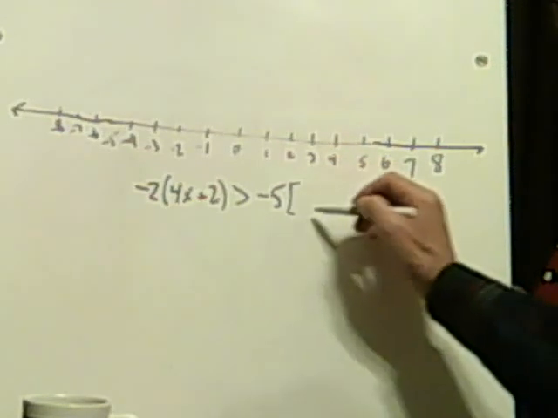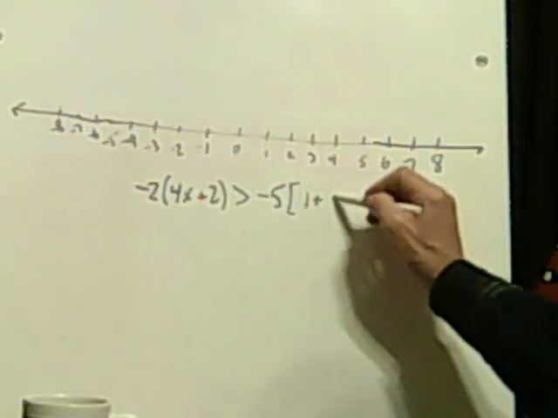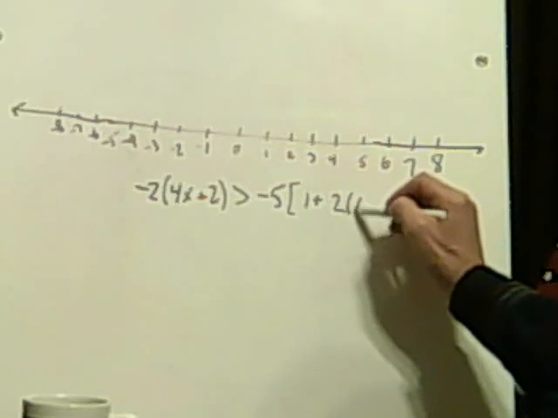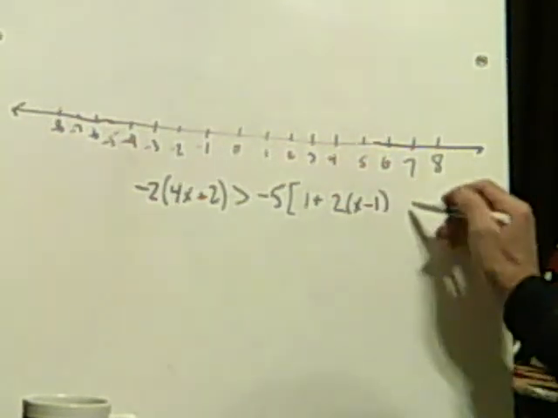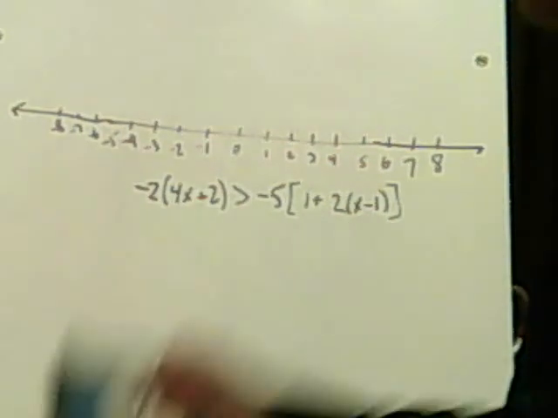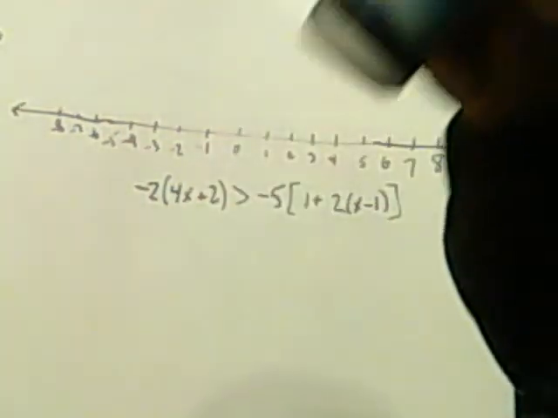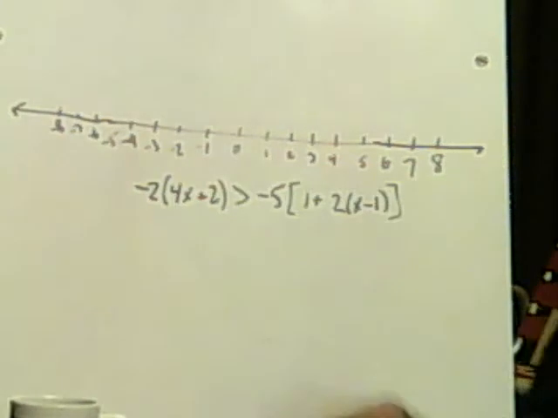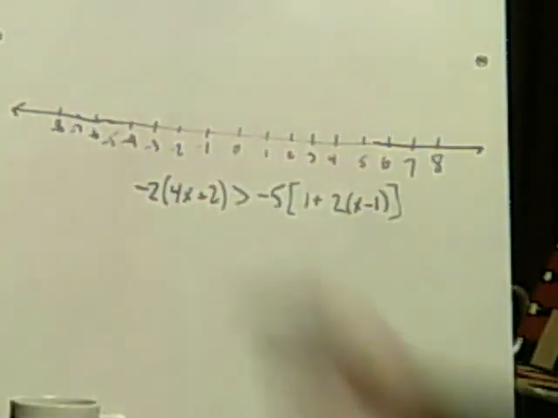Now we have a square bracket, 1 plus 2 times (x minus 1), square bracket, but that bracket's no different than a parentheses. This is just a little bit messy, but the idea is to multiply and get all the like terms together.